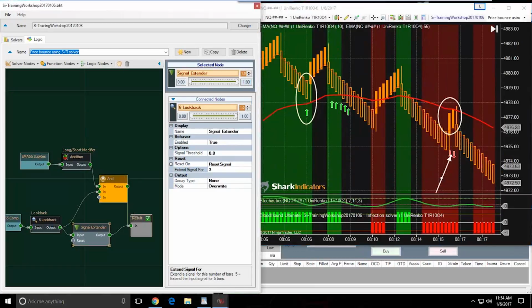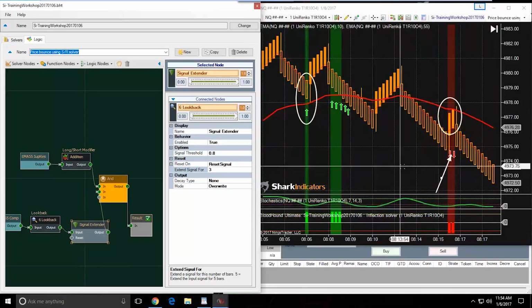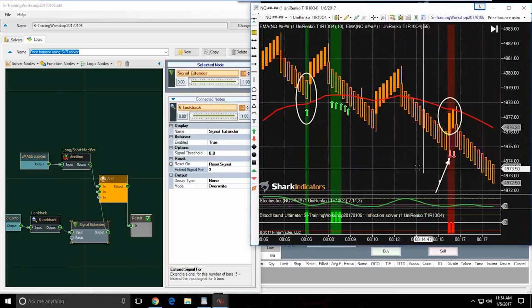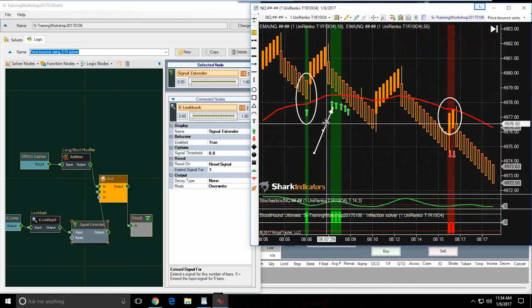So if we look at our AND node now, here we go. Look at that. We got this bar covered with a long signal.